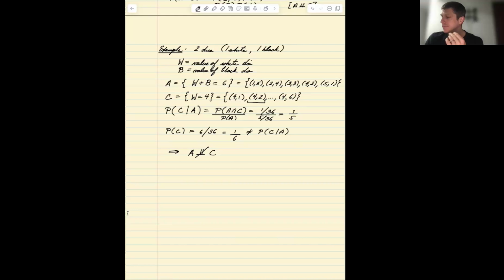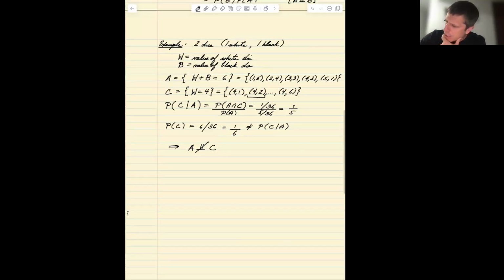But as you can see, the probability of C given A is bigger than the probability of C in general. You can have some intuition for it, but it is just a calculation.